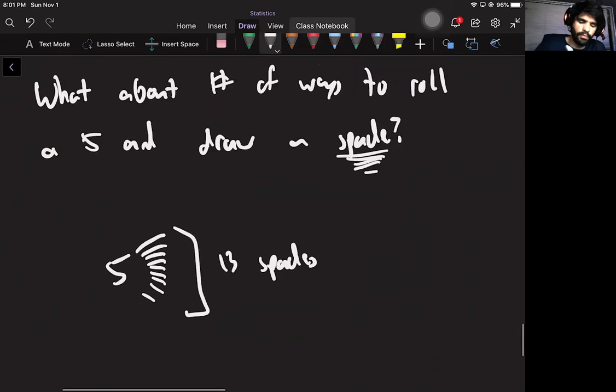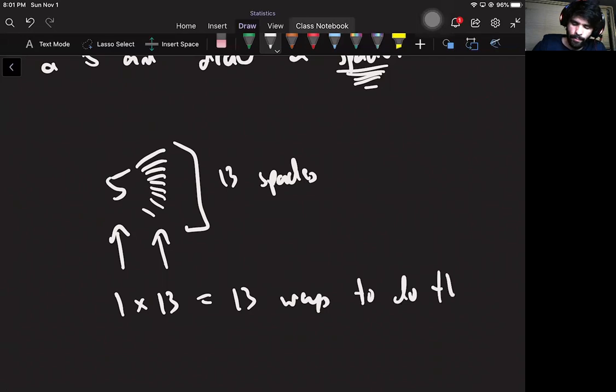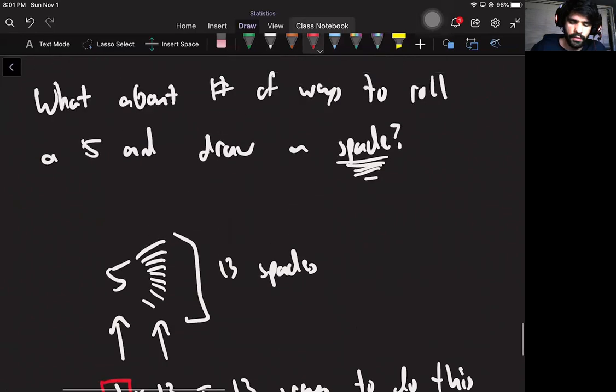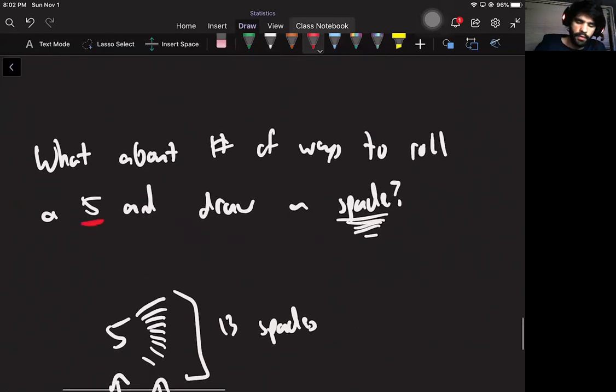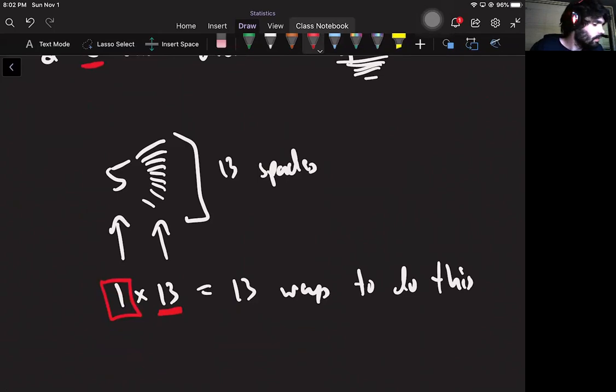I just have 1 branch to start here, and then out of that branch, I have 13 branches coming out for a total of 13 branches. And you can think about it as 1 times 13. So there's 13 ways to do this. The 1 is stuck there as a 1 because there's only one way to roll a 5. You just roll a 5 with a die. But there's 13 different spades you could draw out of the deck. So that's why we got times 13. But the 1 is just a 1.